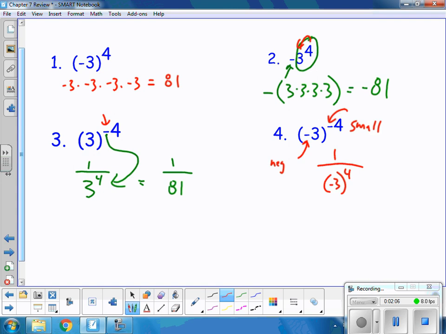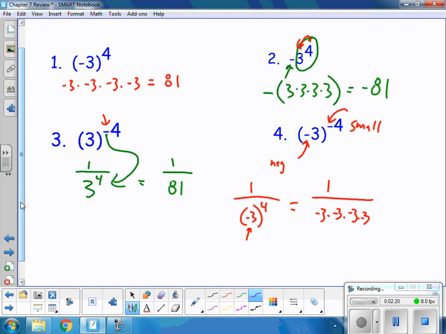So this plays out as 1 over negative 3 times negative 3 times negative 3 times negative 3 because of the parentheses. So this ends up simplifying to 1 over 81. Again, just because a negative times a negative times a negative times a negative will be positive.